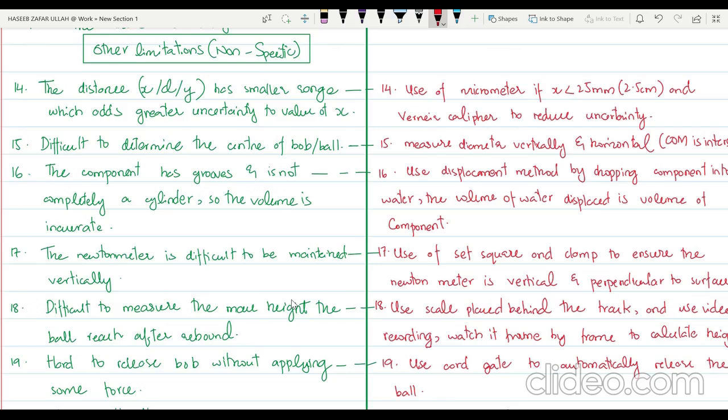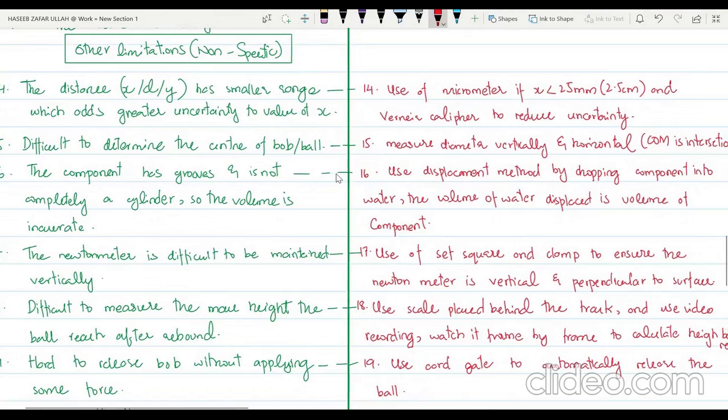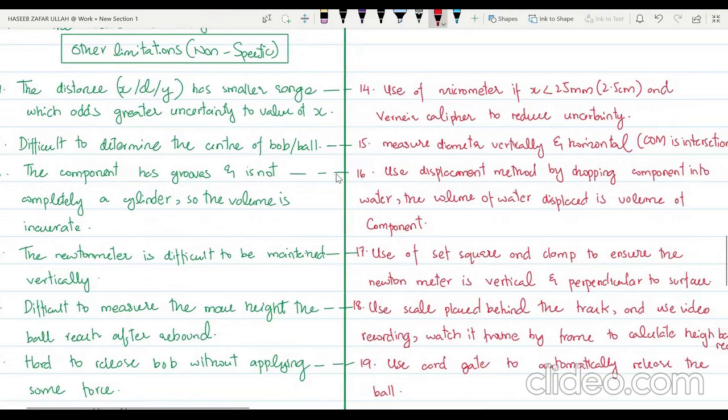Another point says the component has grooves and is not completely a cylinder, so the volume is inaccurate. This applied to the scenario of the capacitor. For example, we were asked to calculate the volume of the capacitor by just applying the volume formula of the cylinder.